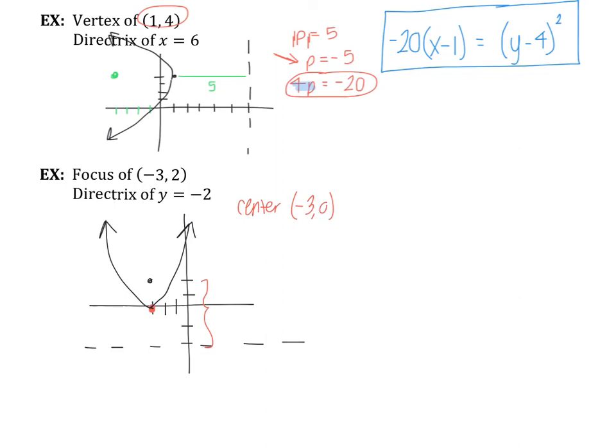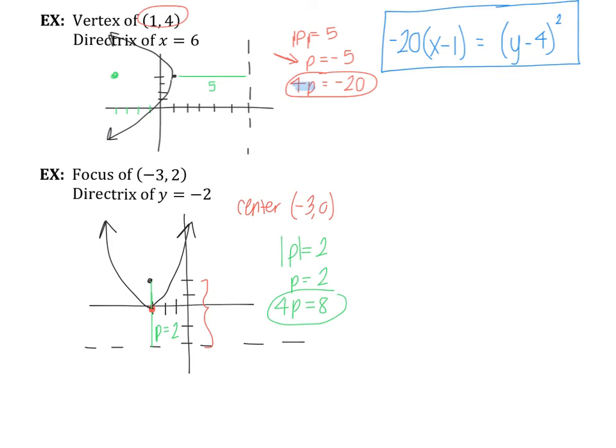I now can find my P length, which is from the focus to center or center to directrix. So the P is 2. I know it opens up, so my P is going to be positive. I have my P equals 2, my absolute value, right, that distance. Since it opens up, it's going to stay being 2. So 4P will equal 8.